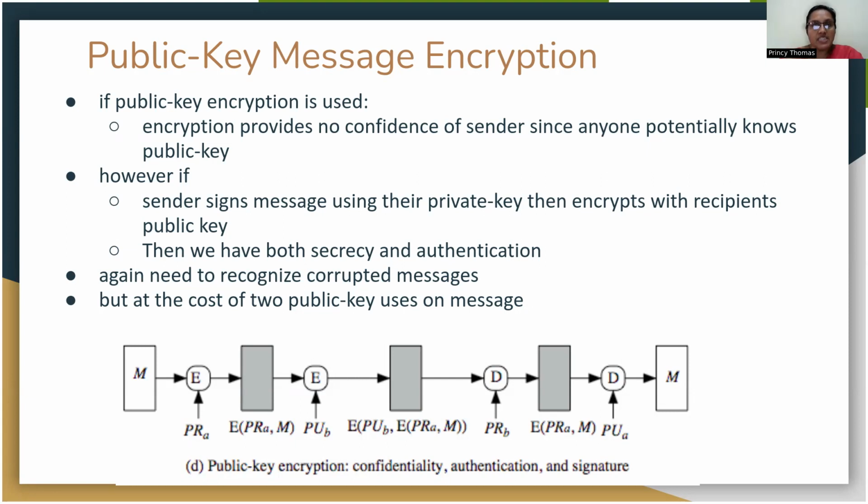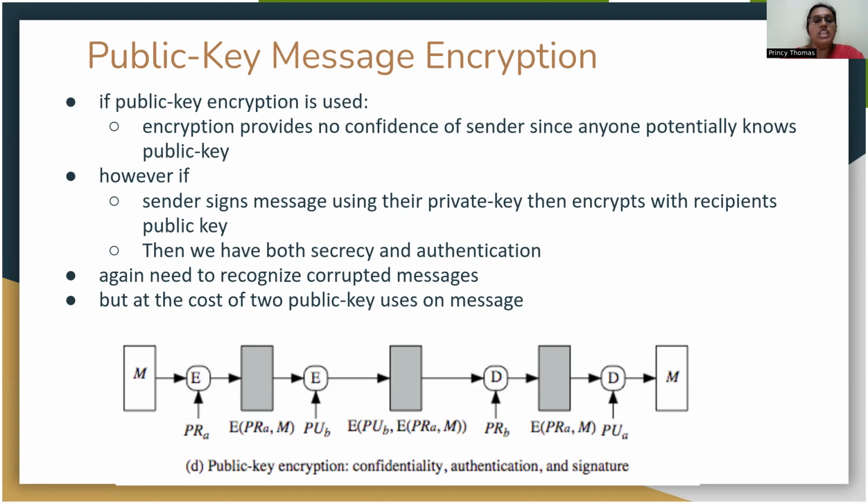If I'm sending a message and I've signed it, having encrypted it first using my private key, then it shows that the message has come from me because I'm the only one who knows my private key. So authentication of the sender is done. And then since the whole signed message is being encrypted by the public key, secrecy is also maintained.